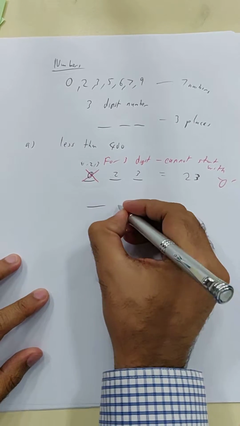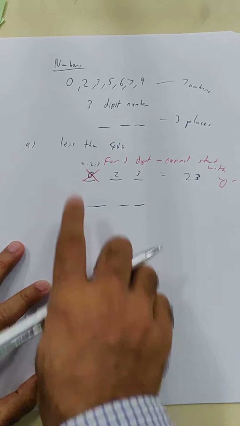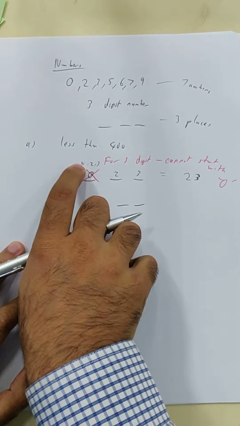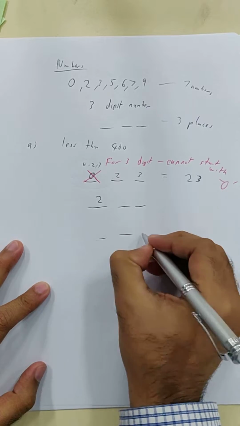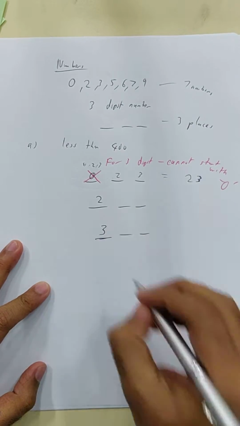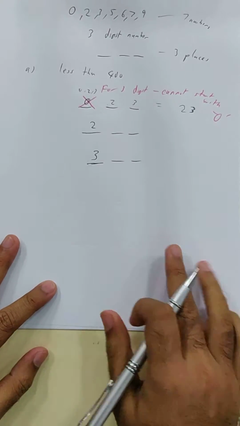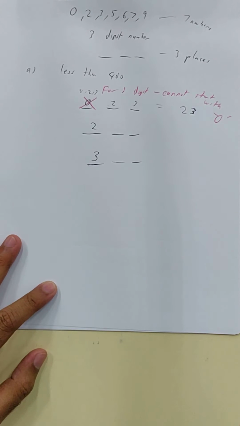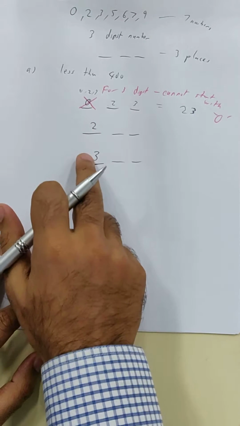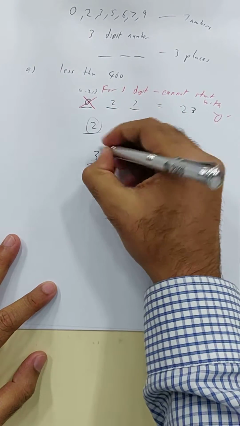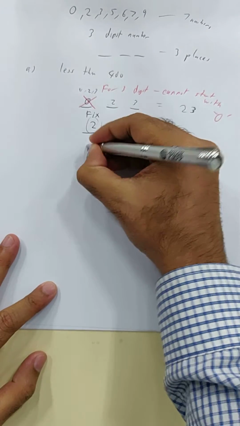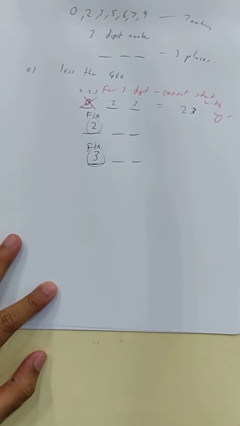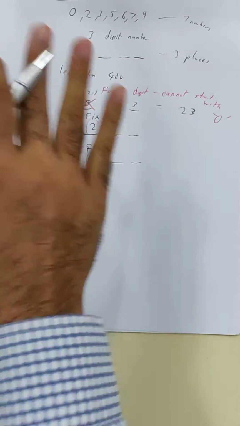Okay, so let's try again. If I cannot start 0, so that means either I start with 2 or 3. I recommend you do it this way, 2 cases, so that you will not have so much problem. If you start 2 and 3, since I start with it, I fix them up. So it's already there.